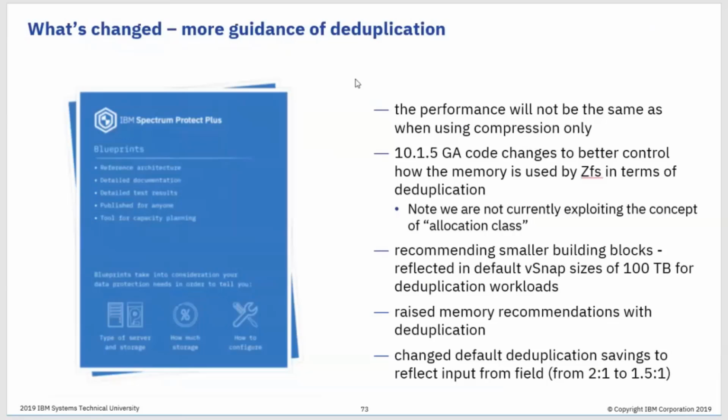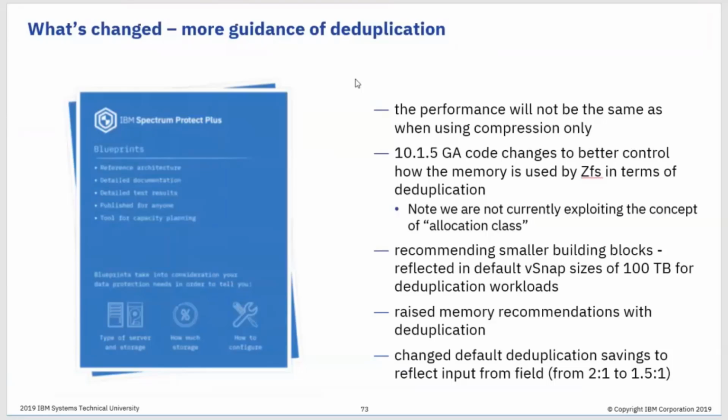So we're doing things like telling ZFS that the ARC space can be capped at this amount of memory, and that ARC space is to be used predominantly for metadata, which is predominantly made up of DDT entries, and not for caching other things that are coming into the system. One of the things you might have heard about in ZFS 0.8, which is part of 10.1.5, is this concept of allocation class.